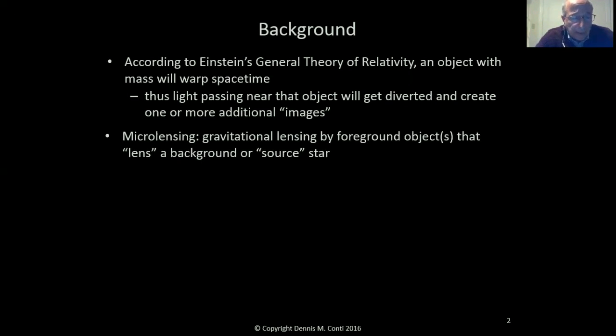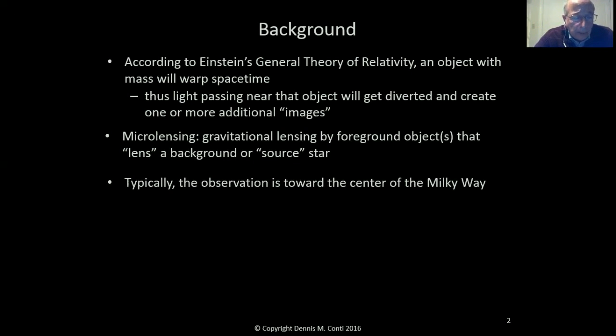Now, microlensing is a particular gravitational lensing approach that uses a background star, which we call a source star, that gets lensed by a foreground object. We'll see some examples of this in a minute. So microlensing is a particular case of gravitational lensing, which is based on Einstein's theory of relativity.